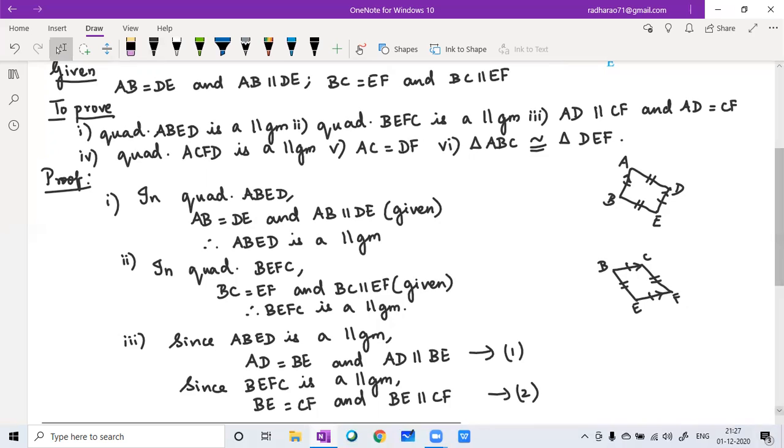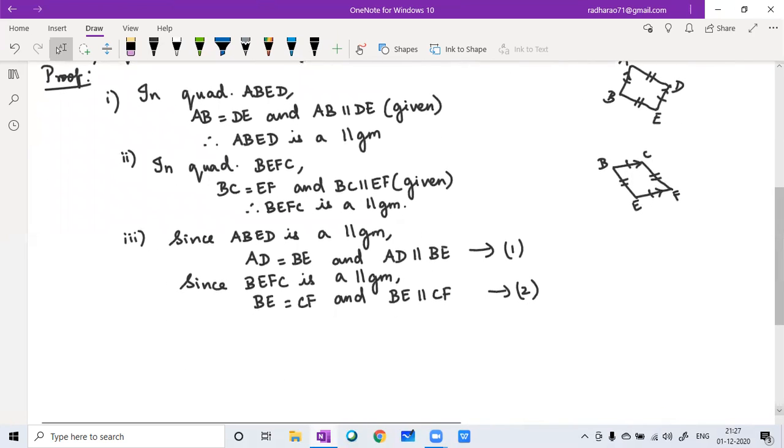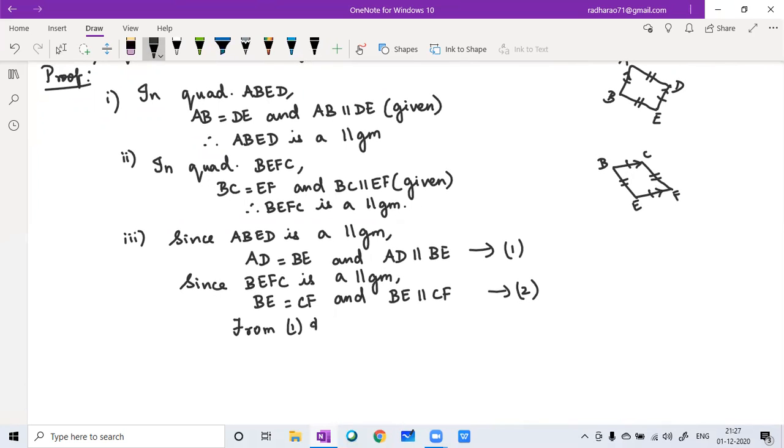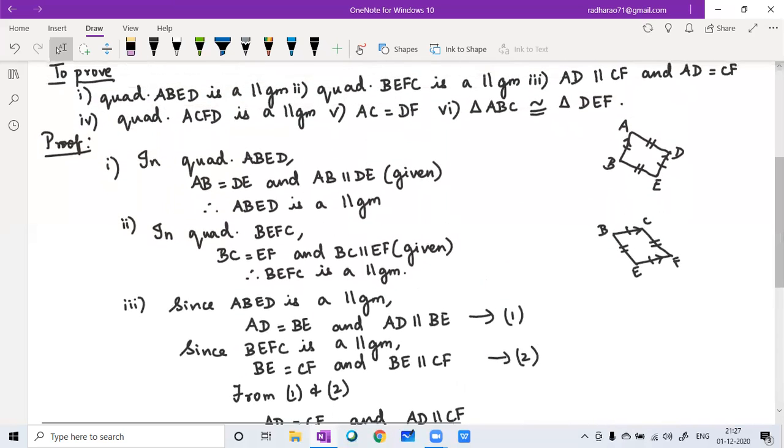So from 1 and 2, I can say AD is equal to CF and AD is parallel to CF. That is the third proof.